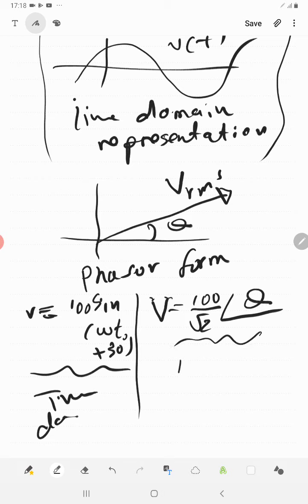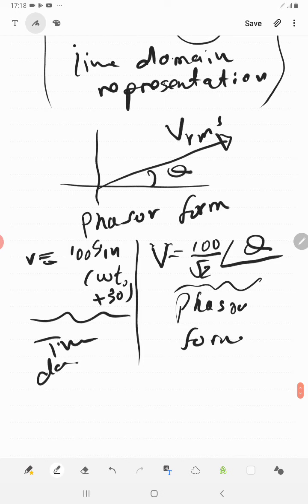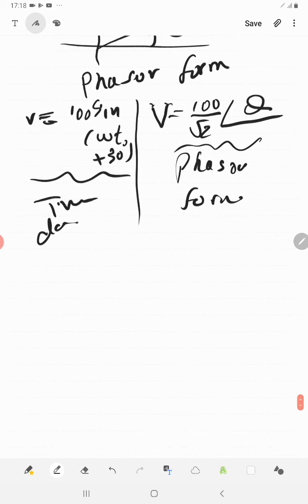So this is the phasor form. We replace V maximum by V maximum divided by root 2 to represent an RMS value. So the length of the V phasor is the RMS value, and it makes an angle of theta with the real axis. It's very important.